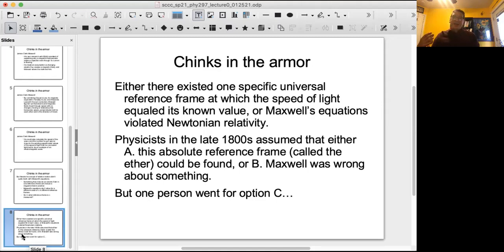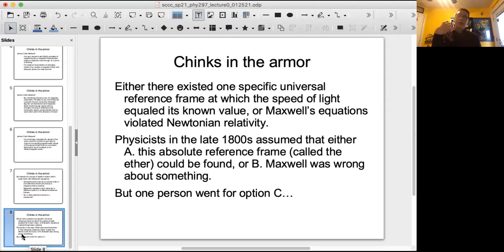And Maxwell was his idol as far as mathematics and physics were concerned. So he sort of modeled his approach on what Maxwell did. Remember, Maxwell made an assumption that he didn't have proof for, but it fit the observations.